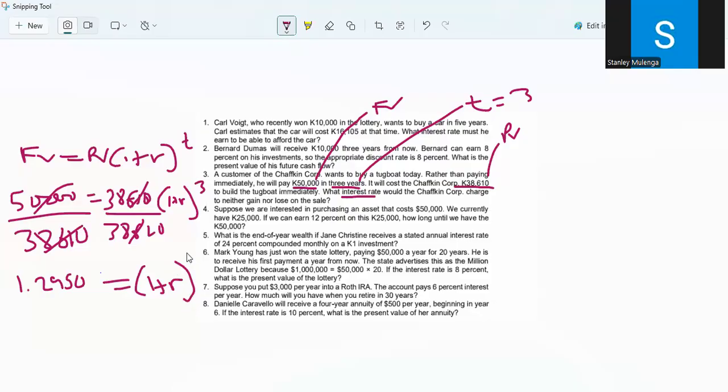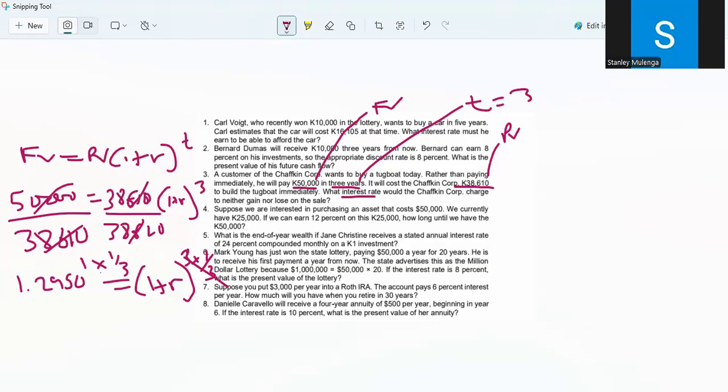So what do we do to get rid of this 3? Here there's a power 1. We reciprocate. We get the reciprocal, right? If there was 3, 1 over 3; if 5, 1 over 5; 10, 1 over 10. So 1.29 to the power 1 over 3.